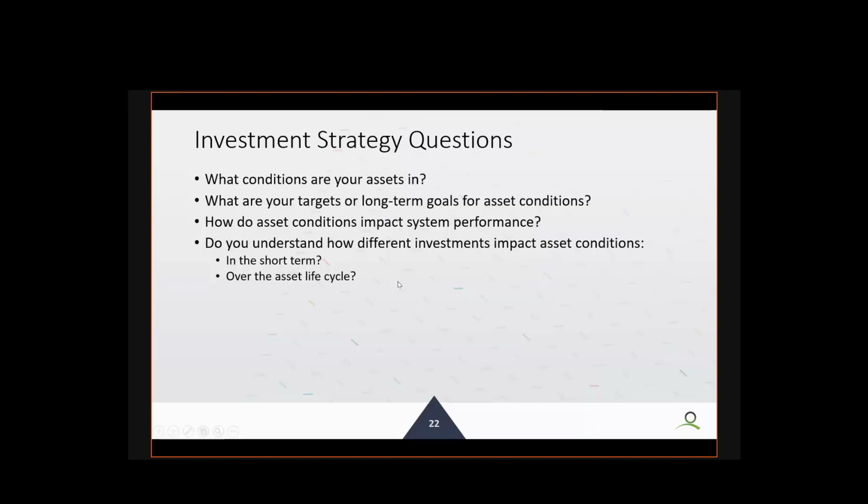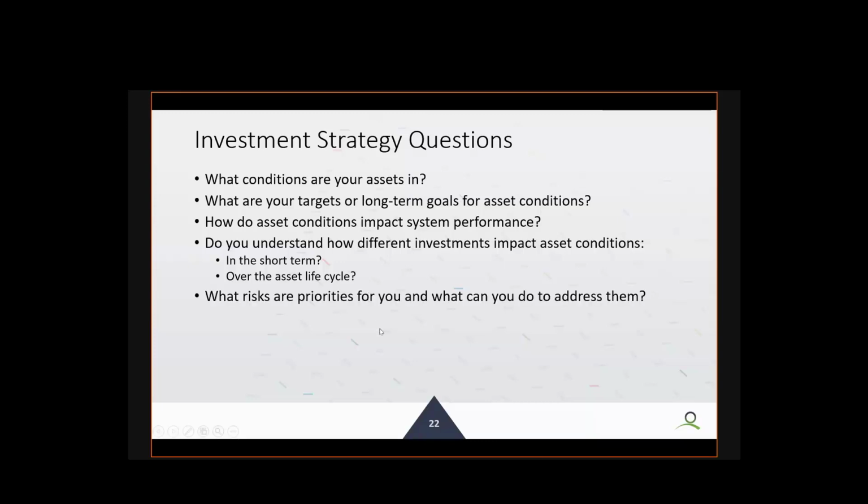And do you understand that impact in the short term, which is fairly straightforward? Do you understand that impact over the asset life cycle? To get an understanding of, a bridge that's designed to last 50, 80, 100 years, pavements that may be designed to last 20 to 50 years or more. Do we know how these treatments impact them? And that's what life cycle planning is about.